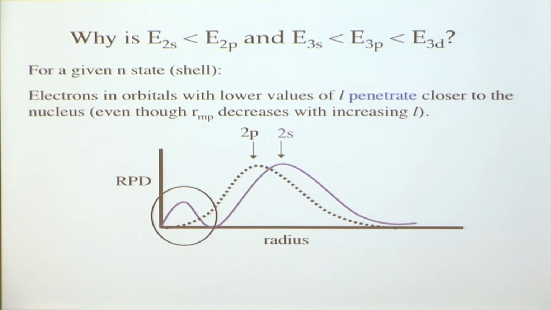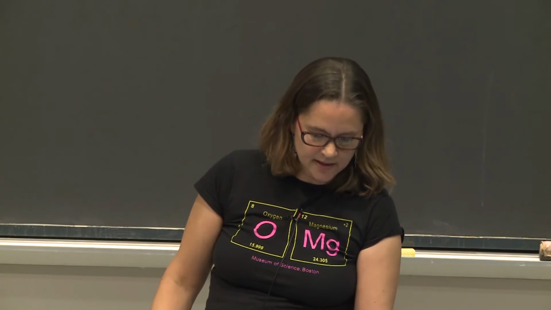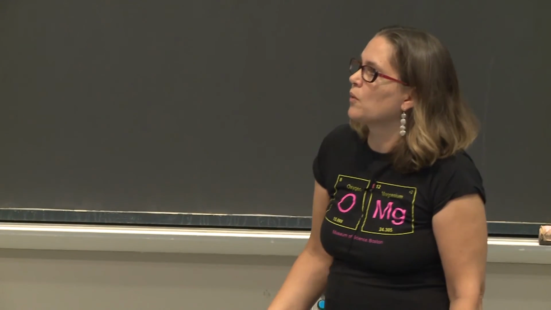You can say that the electrons in the orbital with lower values of L, like 2s is lower than 2p, those electrons penetrate closer to the nucleus, even though we have this trend where the radius decreases with increasing L. So despite this size difference, when you compare this dotted line with this line here, there's more probability that there are going to be electrons near the nucleus with 2s, and that results in this lower energy.